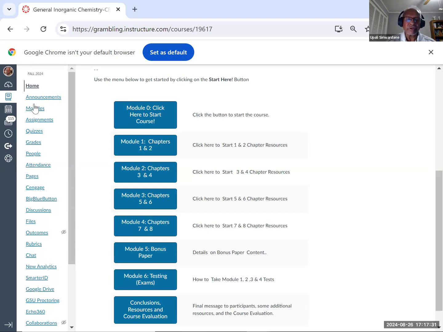Module 2 is repeated after test 1 on chapter 3 and 4. Module 3 is after chapters 5 and 6. Module 4 after chapters 7 and 8. Once you know module 1, you will be familiar with the module structure.